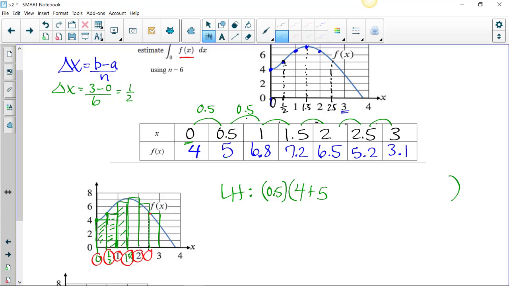So I use the first 6 values to come up with these areas. That means I'm starting here and going the first 6, up to 2.5. So you're not using all of them. All right, so let's do this.